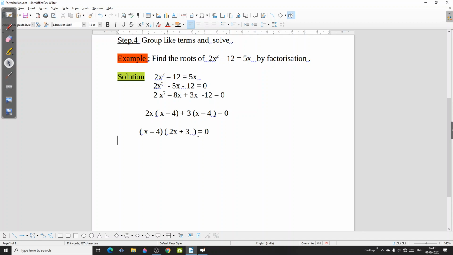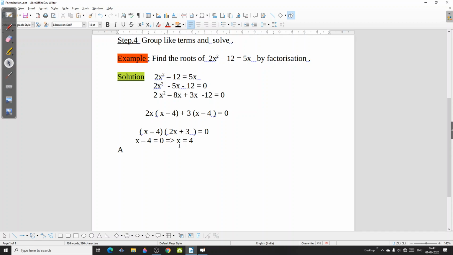Now next we'll compare both x minus 4 to 0 and 2x plus 3 also equal to 0. Comparing x minus 4 with 0, x minus 4 equal to 0. Solving this gives us x equal to 4.